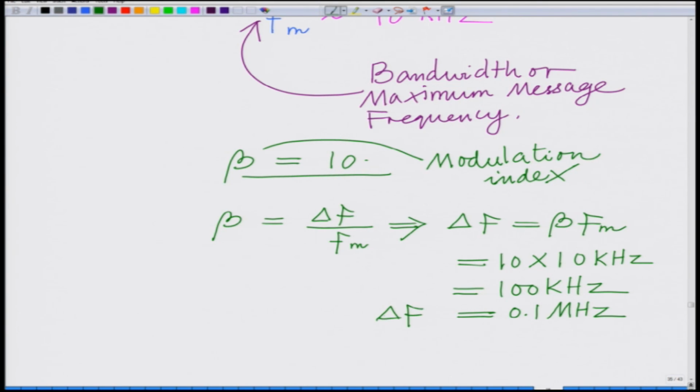So your delta f is approximately 0.1 megahertz.